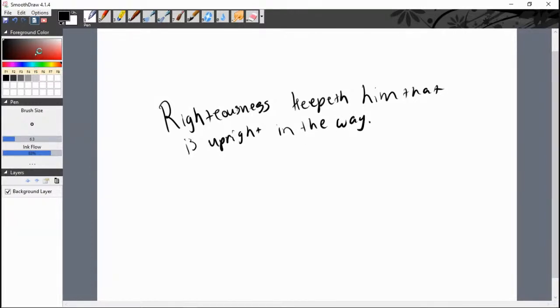Right? So what is the subject of this sentence? Righteousness. And then there's your verb, keepeth.